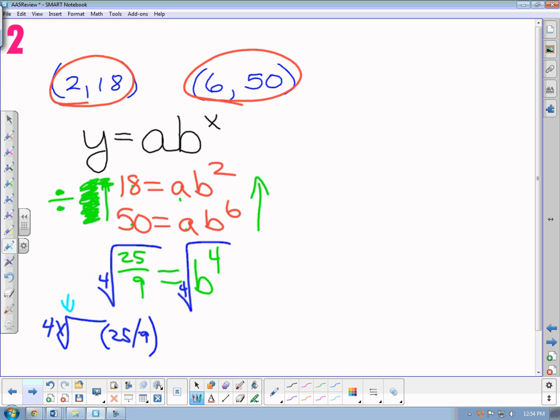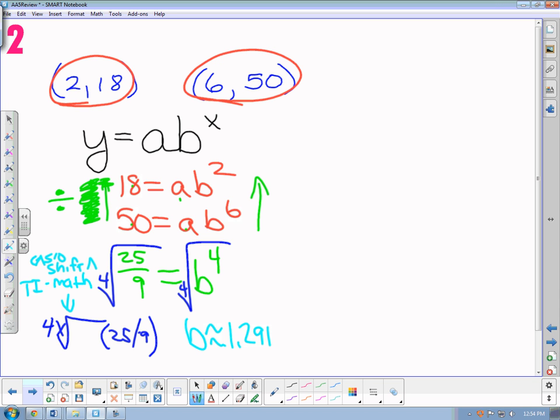Remember to get this on a Casio, it is the shift of the caret button. On a TI, you have to go into math to get that. And then the 4th root of 25 over 9 is approximately 1.291. So then b is approximately equal to 1.291.